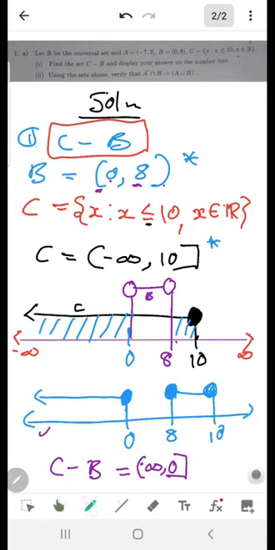Remember, our universal set is running from negative infinity to positive infinity. Okay, so from there now you will say union because of that part, and because this is shaded, that means it's part of the answer. So we'll have [8, 10] closed. Okay, so guys, this is the answer for this exam question.